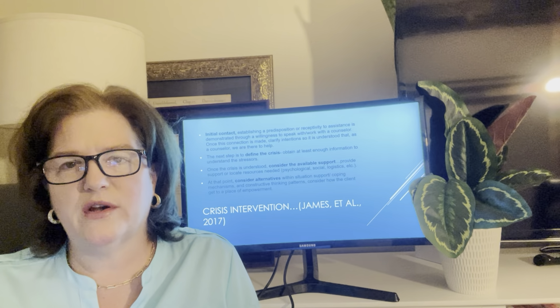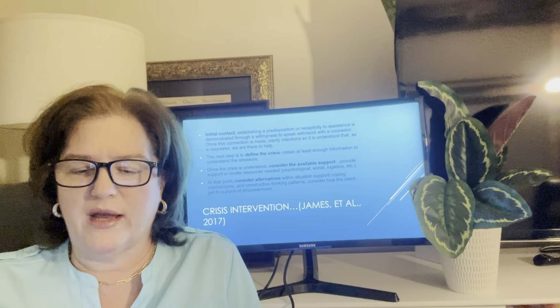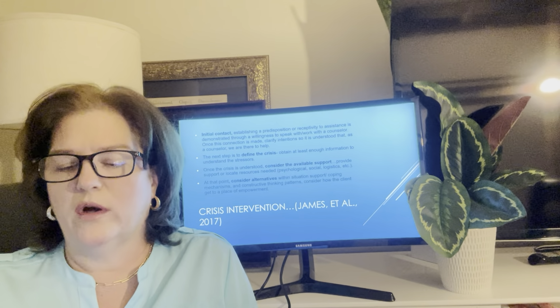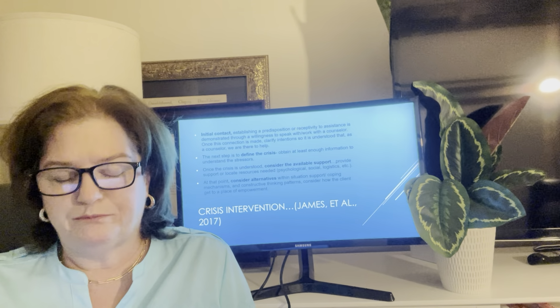So logistics are an important factor in figuring out available support. What does someone need, and what are the resources to get it?